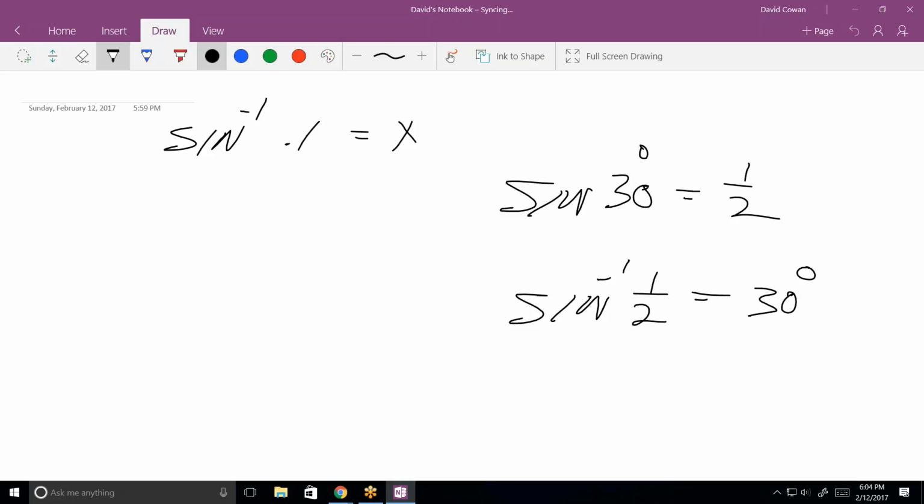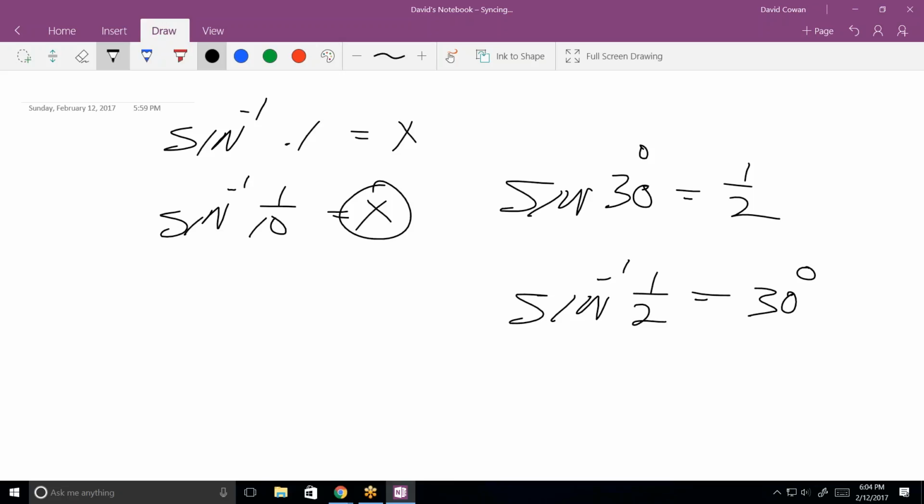In other words, on the problem you've given me, we're taking the inverse trig function of a ratio. That's the same thing as if I wanted to write it like that, equals x. X is going to be an angle. Now, whether that angle is in radians or degrees doesn't much matter. What's really important is that you realize you take trig functions of angles, and you take inverse trig functions to get angles.